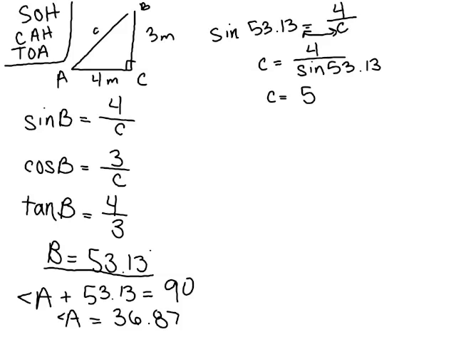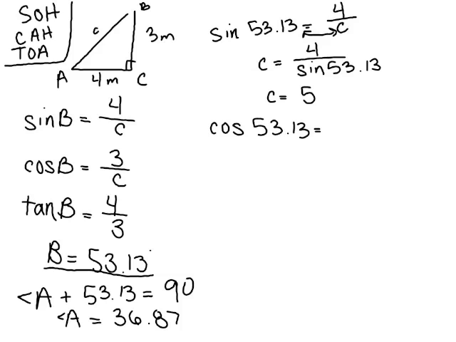So let's verify that using our cosine formula. The cosine for angle B, 53.13. My cosine formula is cosine equals adjacent over hypotenuse.